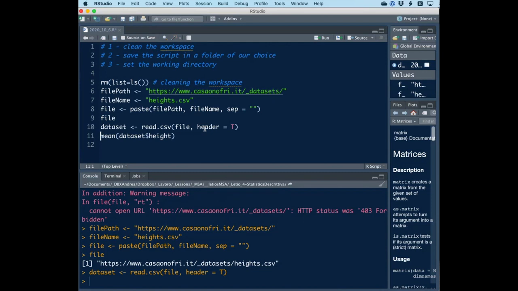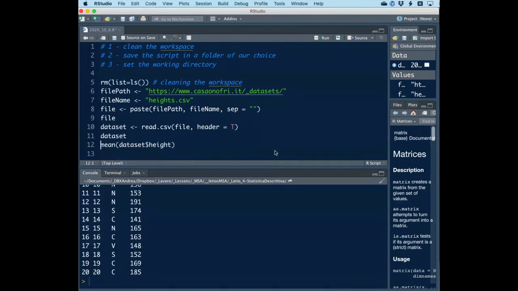And we need an extra argument that is header. Header means that the first row of the file contains the names for variables. So this is a real data frame.